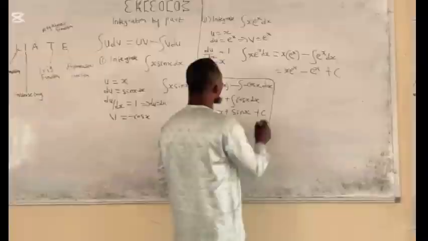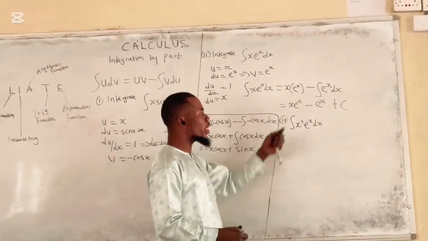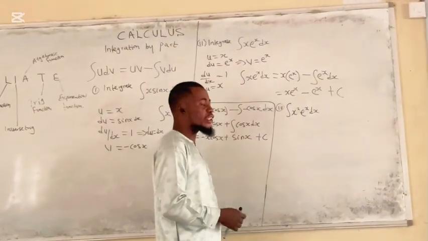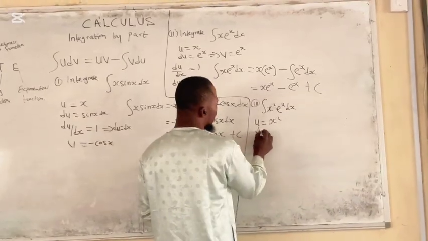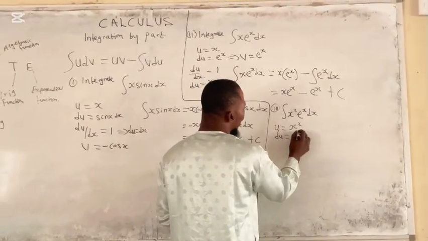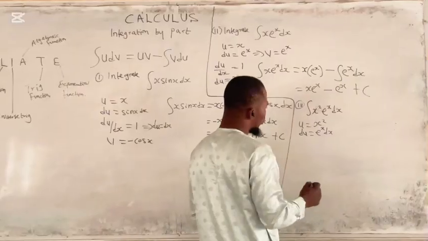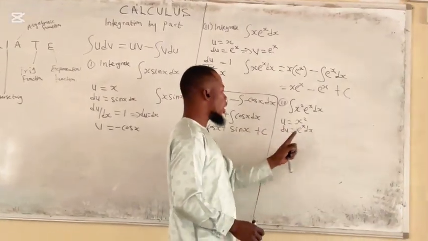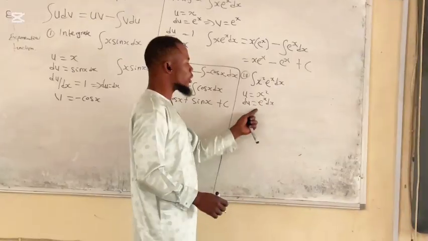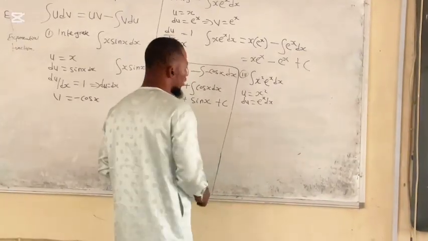The next question is the integral of x squared exponential x dx. Our u from here is our x squared and dv is exponential x dx. So we will differentiate u with respect to x and we will integrate dv, which is exponential x dx.